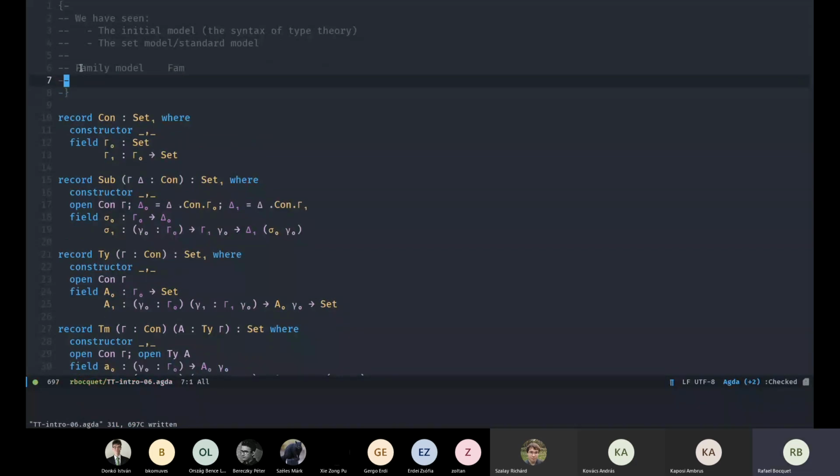And again, now we look at the family model, that is, in some sense, a generalization of the standard model.